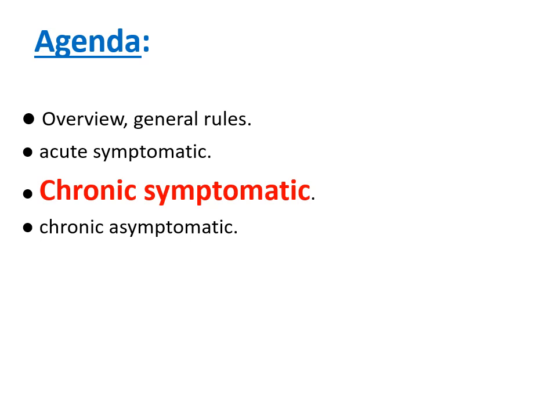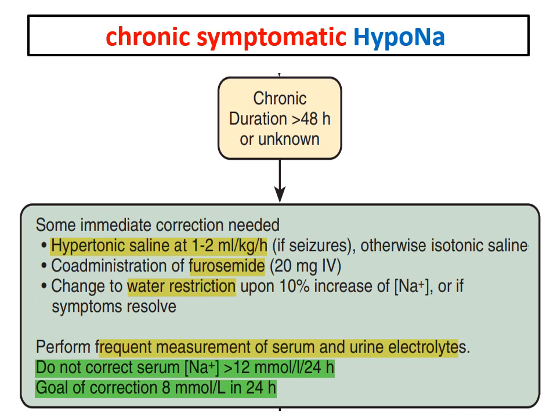What about chronic symptomatic hyponatremia? These are chronic patients, usually patients with heart failure or liver cirrhosis, having symptomatic hyponatremia.